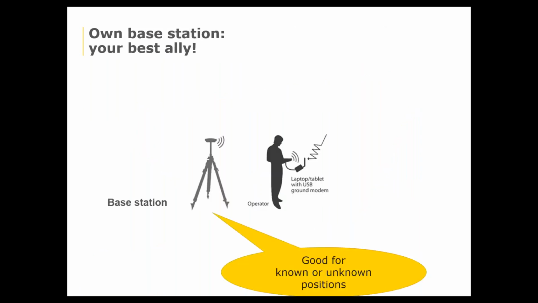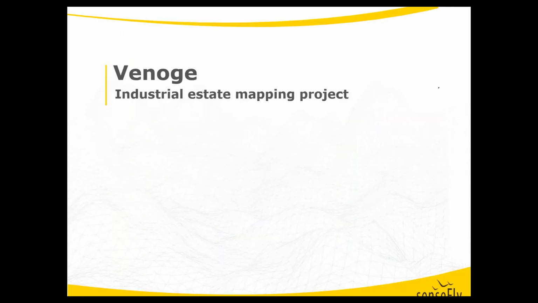Last but not least is if you have your own base station, your own real base station, and it's set on a tripod and it's connected to your laptop with a wire or wireless, Bluetooth, for example, makes a great job here. And then you have your laptop and you have the link to your drone, and again, very short distance between 0 and 1 kilometer during your flight.